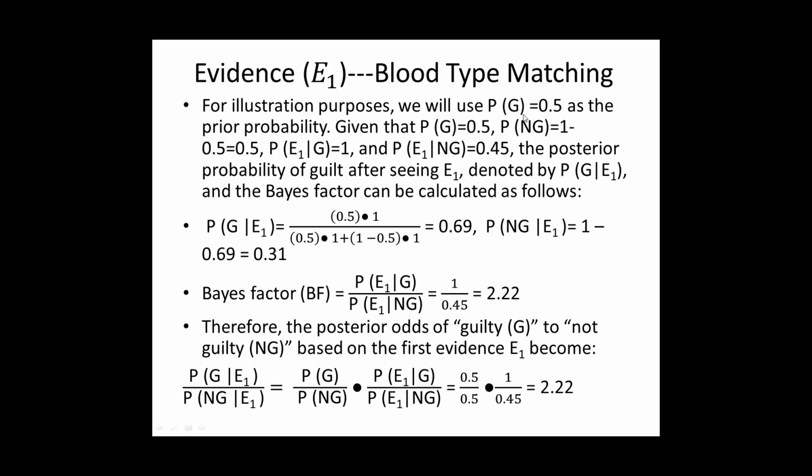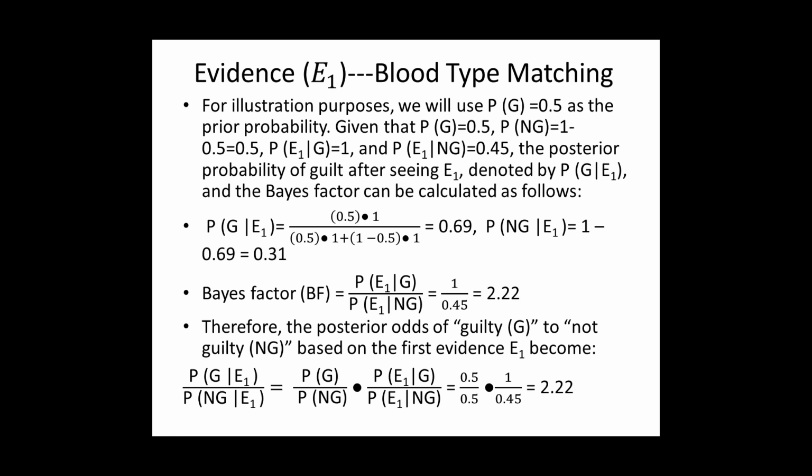So as you can see, after they saw the first evidence, 0.5 is increased by 0.19, now to 0.69. And we plug those numbers into the Bayes factor. The Bayes factor is the credibility of evidence on the presumption of guilt as opposed to the presumption of not guilty.